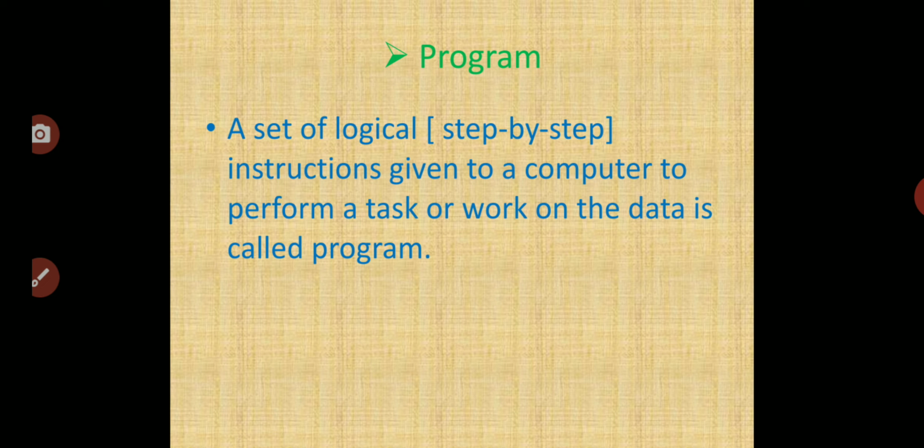For example, if you want to open Paint, then you will go first to the start button, then all programs, accessories, Paint. Then the Paint program will open. So to open the Paint program, you have to go step by step. Okay, understand the program? Okay, very good.